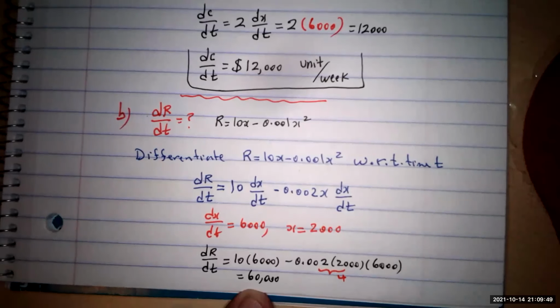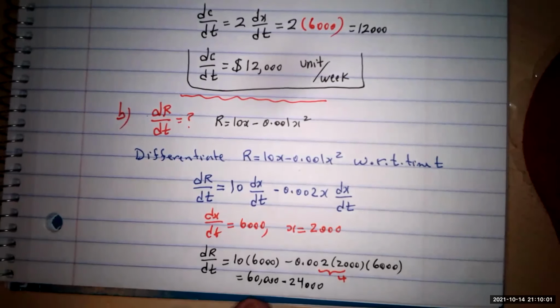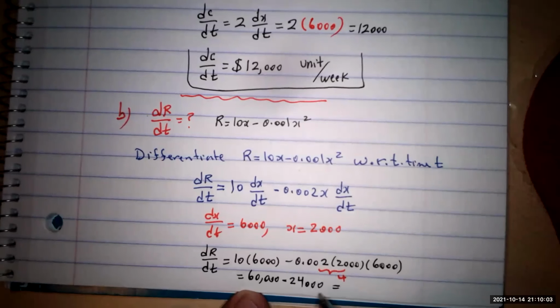Now 4 times 6 would be 24. So that's going to be minus 24,000. Or you can check it with your calculator. Okay, if you subtract it, that gives you what?